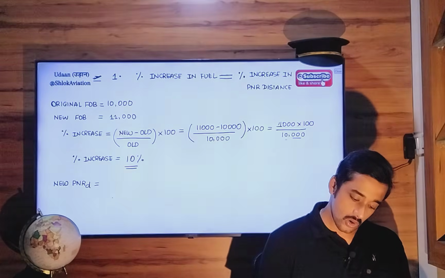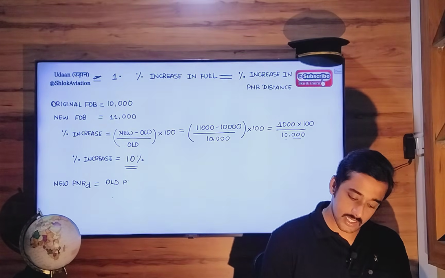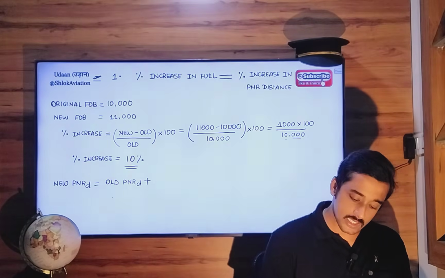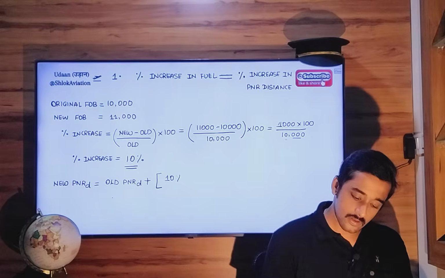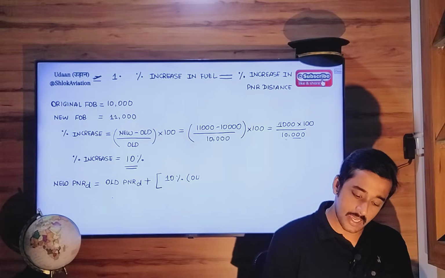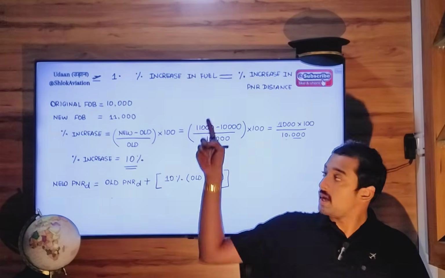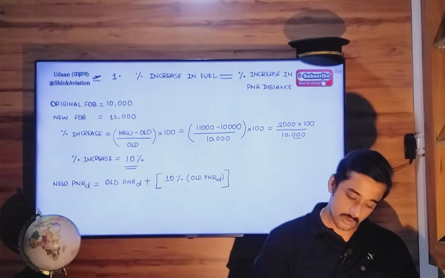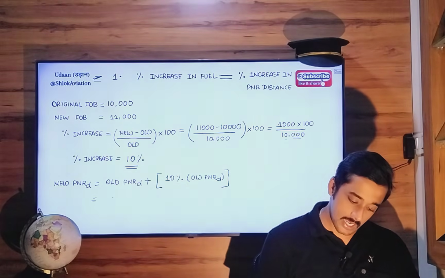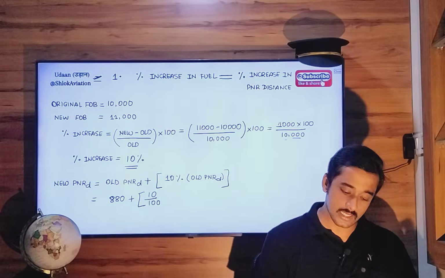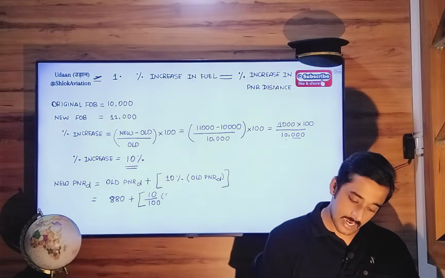So next step, new PNR distance will be equal to old PNR distance plus increase. It will increase by what amount? Plus 10% of old PNR distance. Like I said, if fuel has increased by a certain percentage amount, the PNR distance will also increase by that much amount. So old PNR distance is 880 plus 10% of old distance, which is 10% of 880.